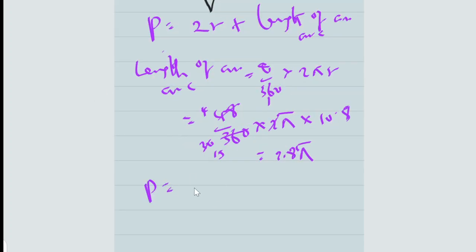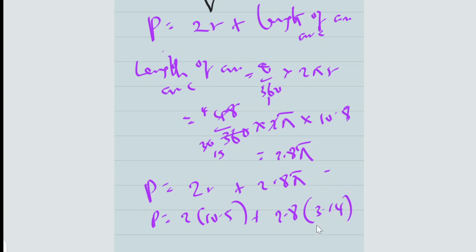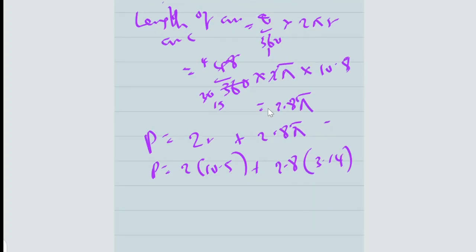Then your perimeter will now be 2r plus 2.8 pi, and your r is 10.5, then plus 2.8 pi. Since our answer is in decimal, let us put our pi to be 3.14, although we were not given. This will give me 21 plus 2.8 multiplied by 3.14, that is 8.792.